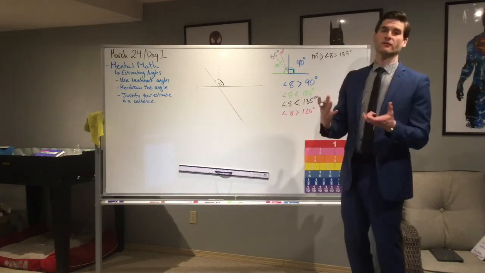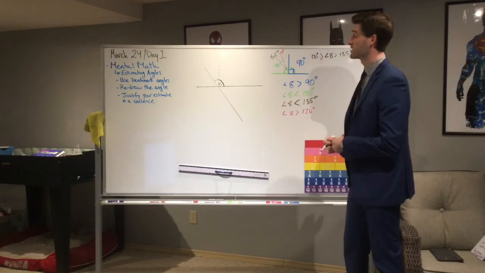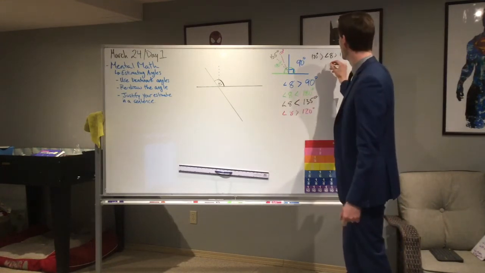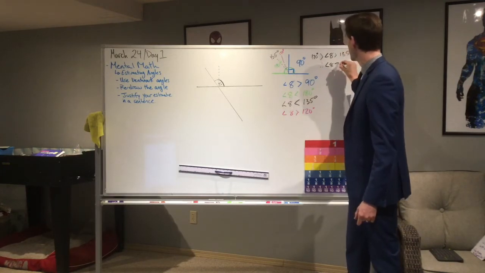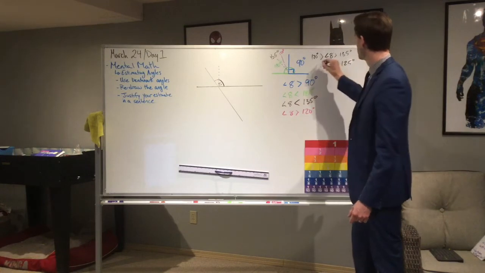So based off that, now I can make an assumption and I could say, well, is it closer to 120 or 135? And I said, you know, I think it's closer to 120. So I'm going to say, therefore, angle 8 is about 125 degrees.